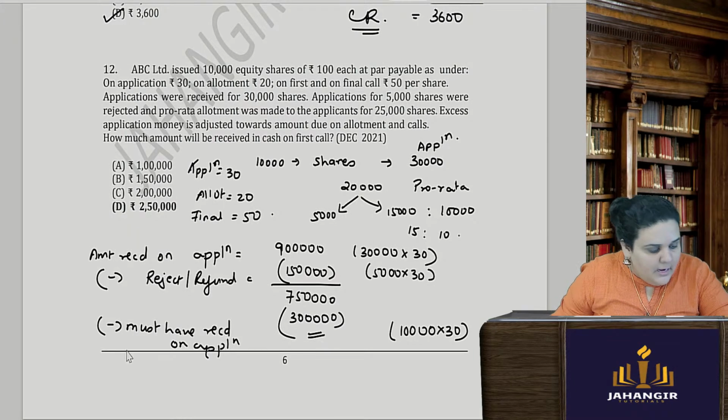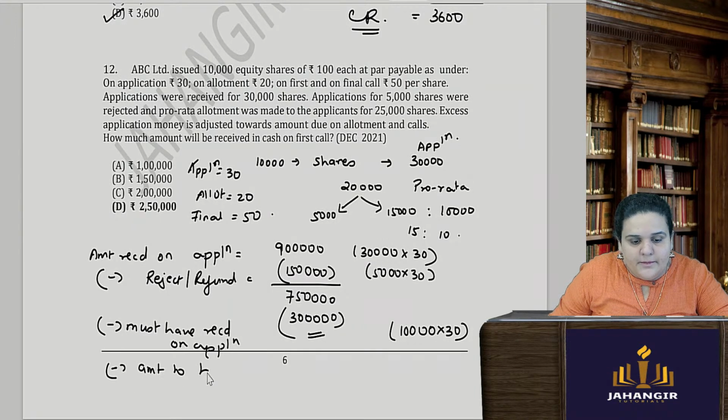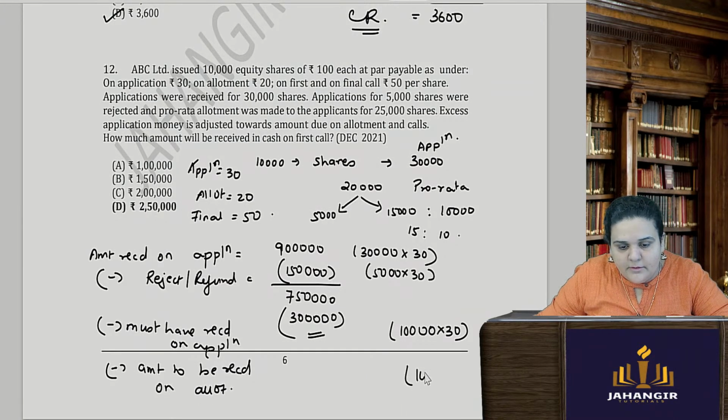Also there is the balance to be received on allotment. Allotment will happen only for 10,000 shares. Allotment money is 20 rupees, so 2 lakhs.